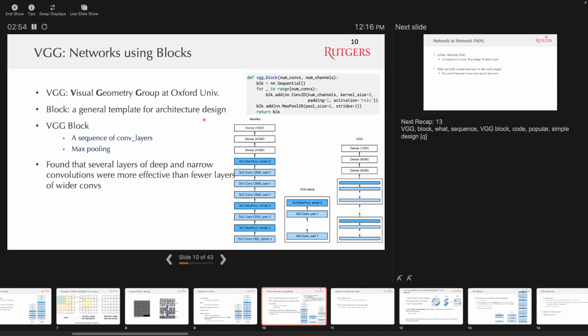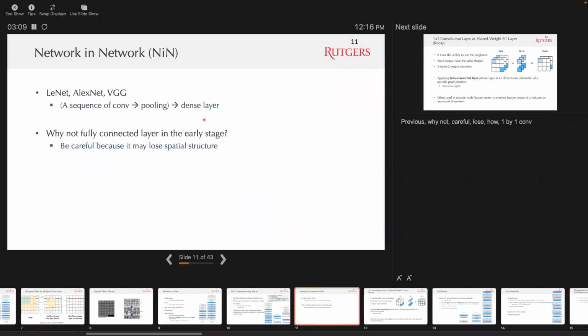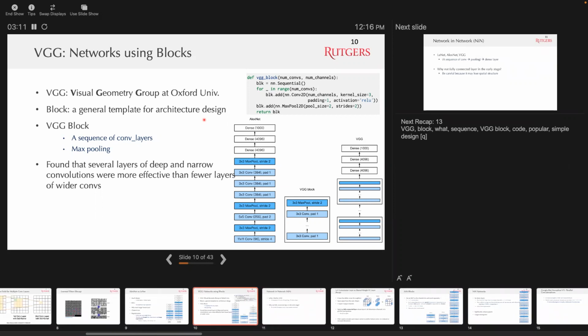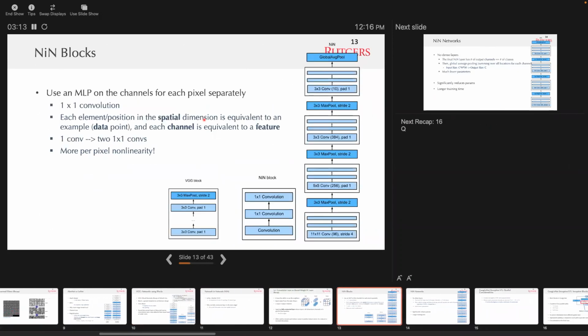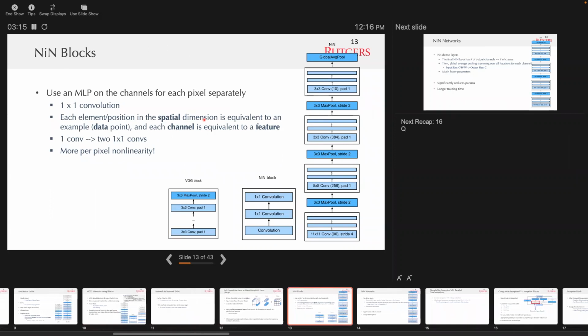And they were the first to use this notion of block. A block can consist of multiple layers, and you can repeat the block again and again to stack a very deep neural network.